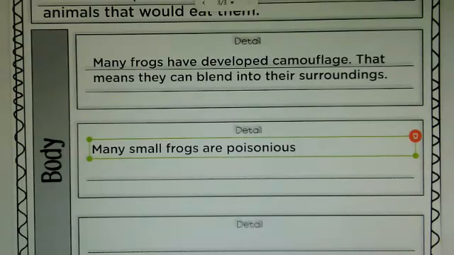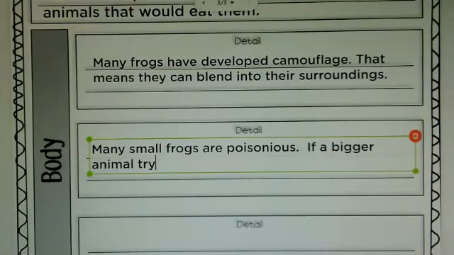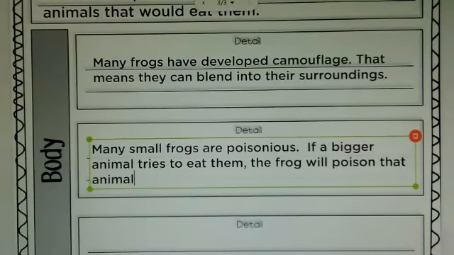Many small frogs are poisonous. If a bigger animal tries to eat them, the frog will poison that animal. That's kind of nifty. That's a good defense for frogs.